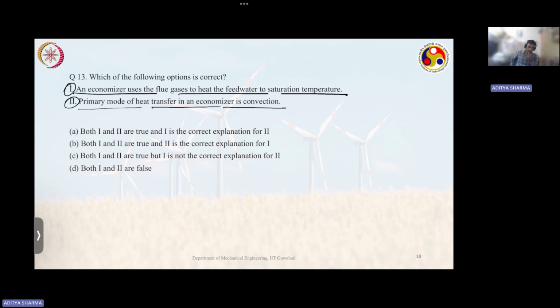So the first and second options say that 1 and 2 both are true. Okay, that is correct. And it says that 1 is the correct explanation of 2. So whether this is the case or 2 is the correct explanation of 1.